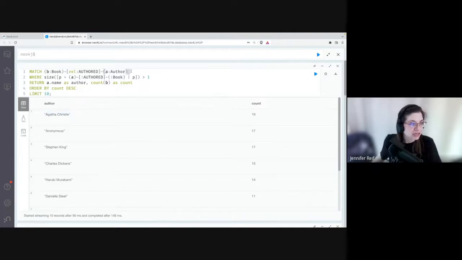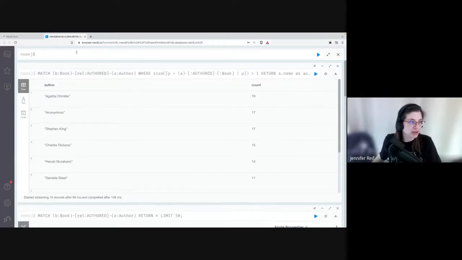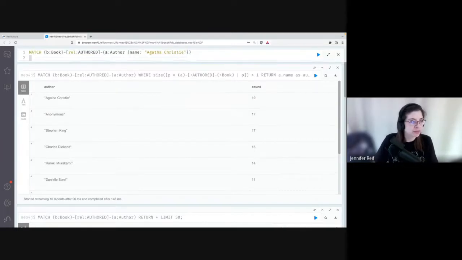So let's take our first pattern here, and we'll keep with that. And then we want to specify a particular author. So she has a name, and we know the name is Agatha Christie. And let's retrieve her book titles, title. And let's pull the average rating of the book.